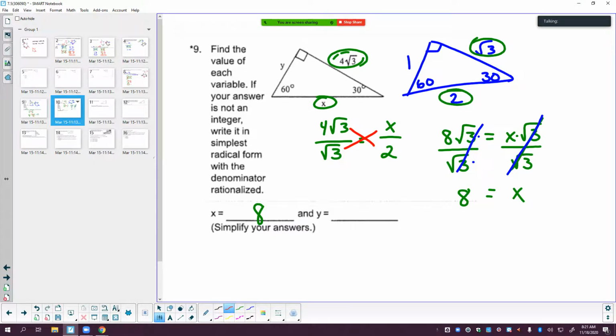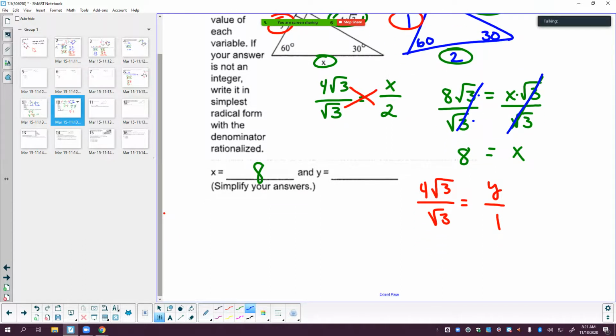Now we also have to figure out what y is. So again, we're going to start with what's given. 4 square root of 3 over the square root of 3. We're trying to find y, which is compared to 1. So y over 1. If I cross multiply here and here, 4 square root of 3 times 1 is just 4 square root of 3.